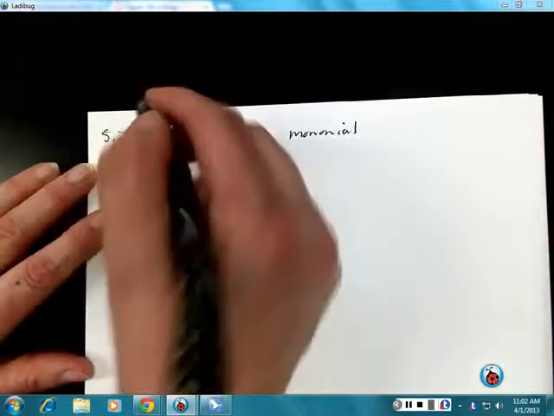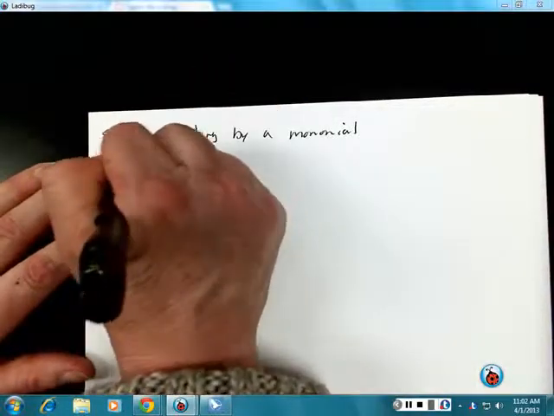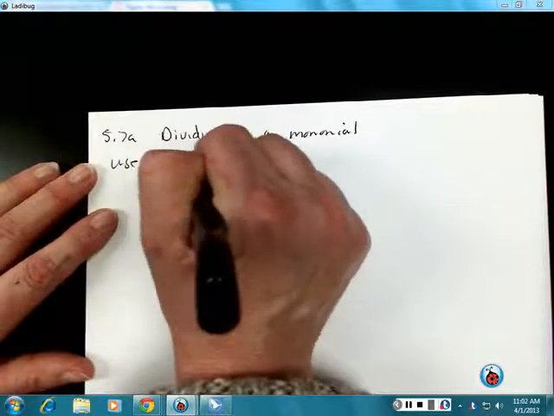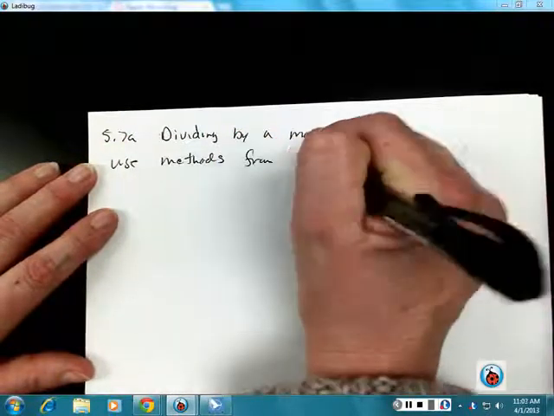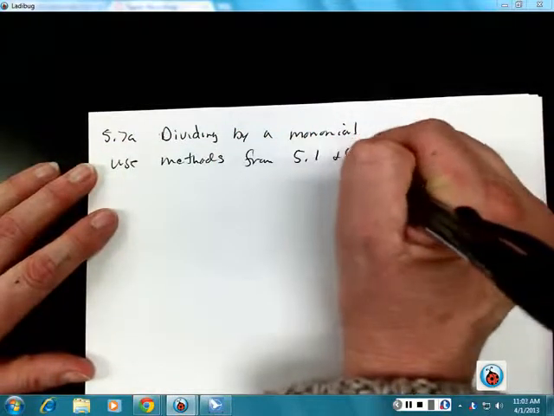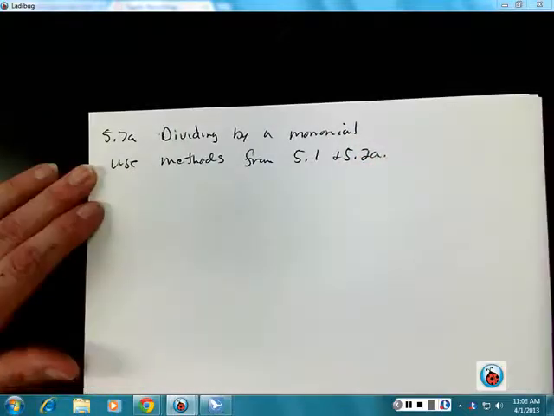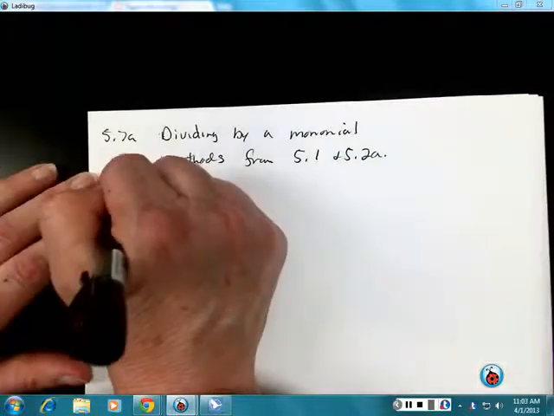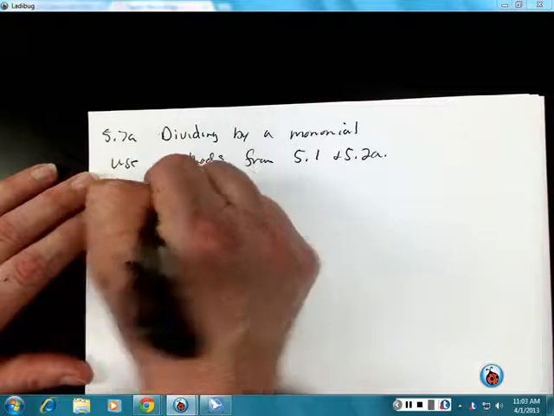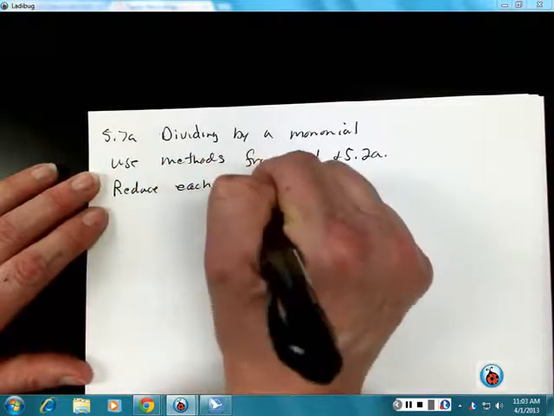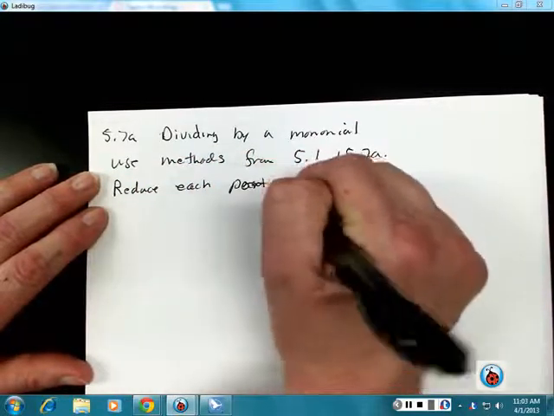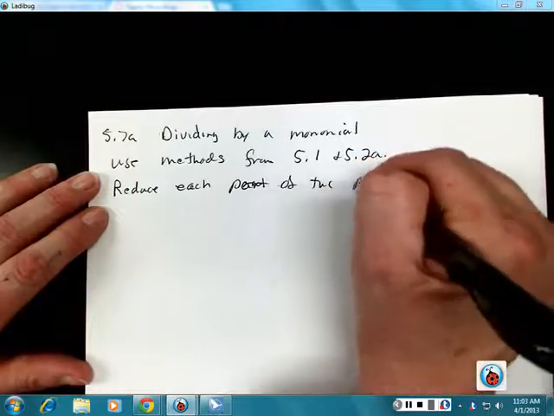It's just they don't get quite as difficult. So use methods from 5.1 and 5.2a, because basically what you're going to do is reduce each part of the problems.